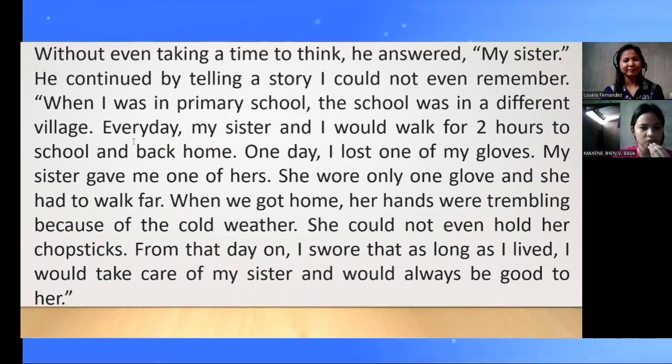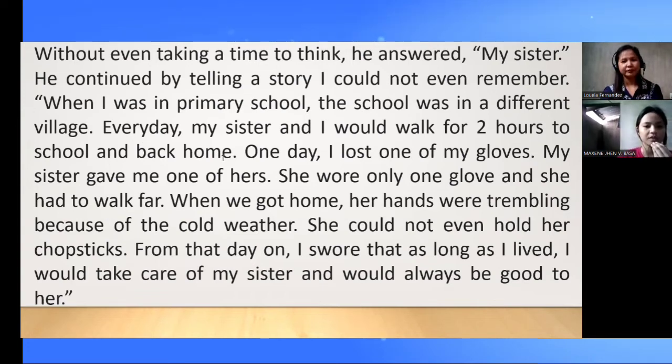He continued by telling a story I could not even remember. When I was in primary school, the school was in a different village. Every day, my sister and I would walk for 2 hours to school and back home. One day, I lost one of my gloves. My sister gave me one of hers.